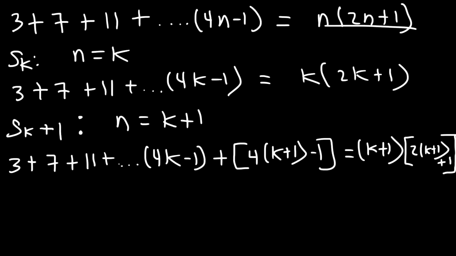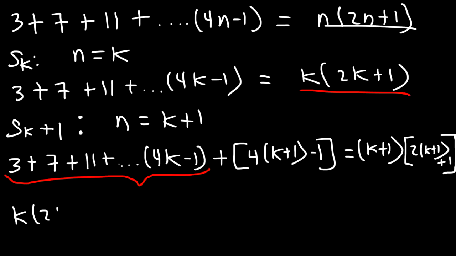Now we need to prove that the left side and the right side are equivalent to each other. Notice that this expression is equal to k times 2k plus 1. So therefore, this portion of the equation has to equal k times 2k plus 1, so we can replace it with k times 2k plus 1.